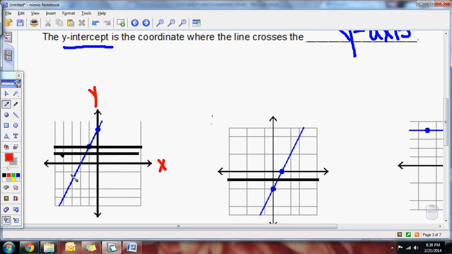So if we're looking at this blue line, the x-intercept is going to be where our line crosses the x-axis. So I'm going to put a point where my line crosses the x-axis, and that would be right here. Okay? And then the y-intercept is going to be where it hits the y-axis, so that would be right here. Okay? So we need to figure out what those ordered pairs are.